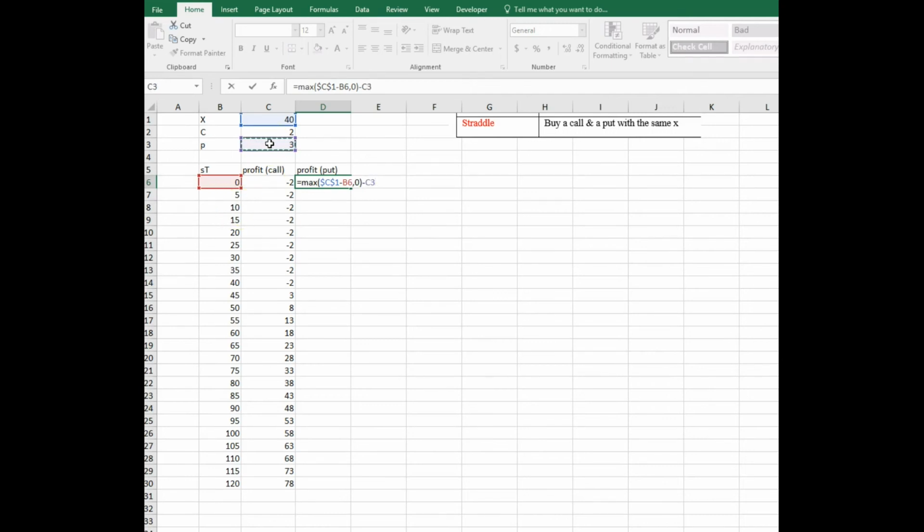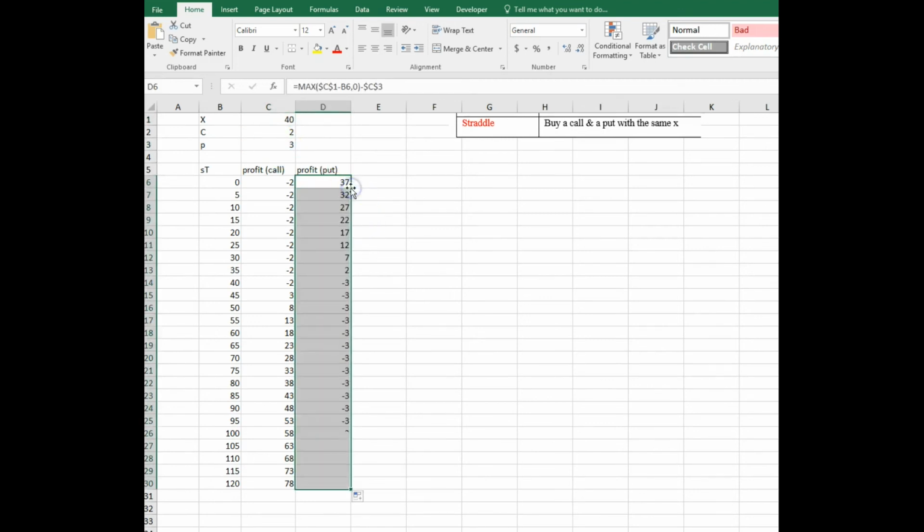So we hit F4 again, enter. When the stock price is 0, we exercise, we get $40 minus initial payment 3 is 37. And double click. Okay, so this is our portfolio.